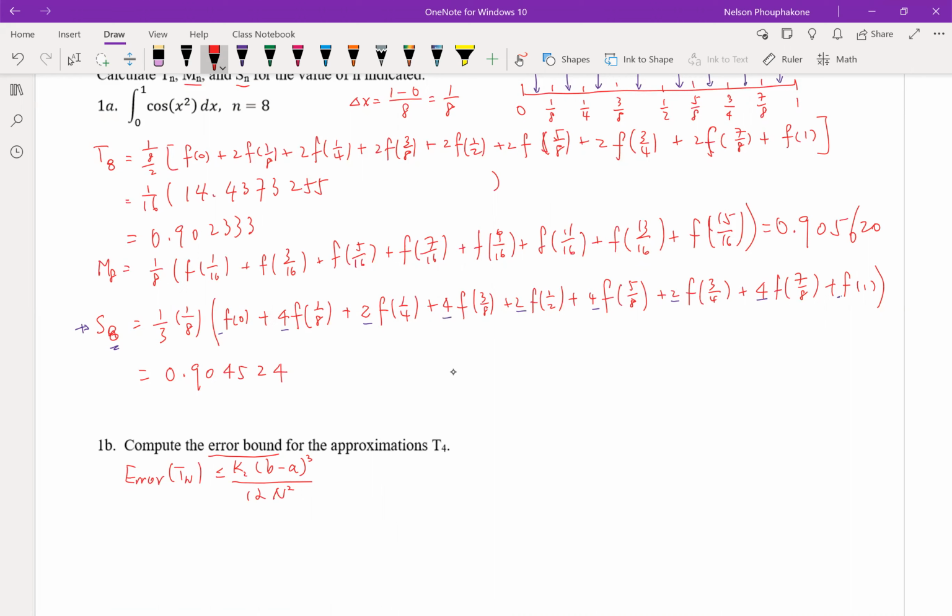Oh, by the way, this one should be 8, because our n is 8, right? Oh, typo.